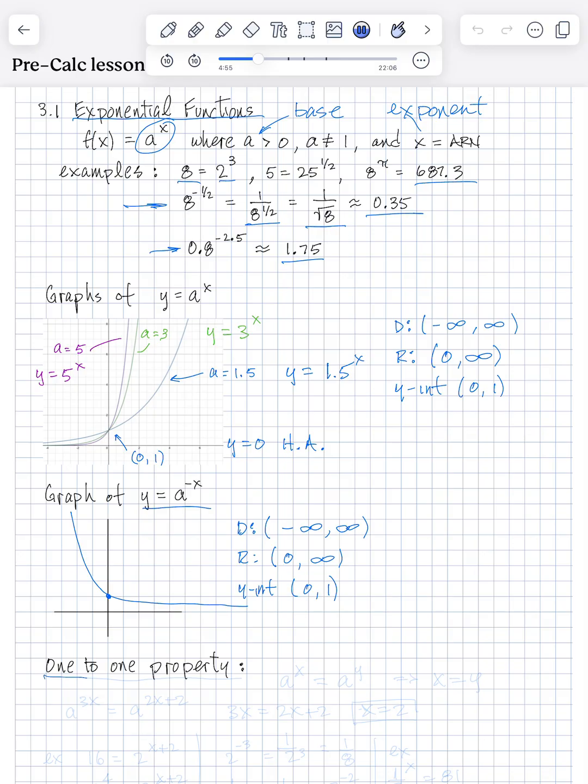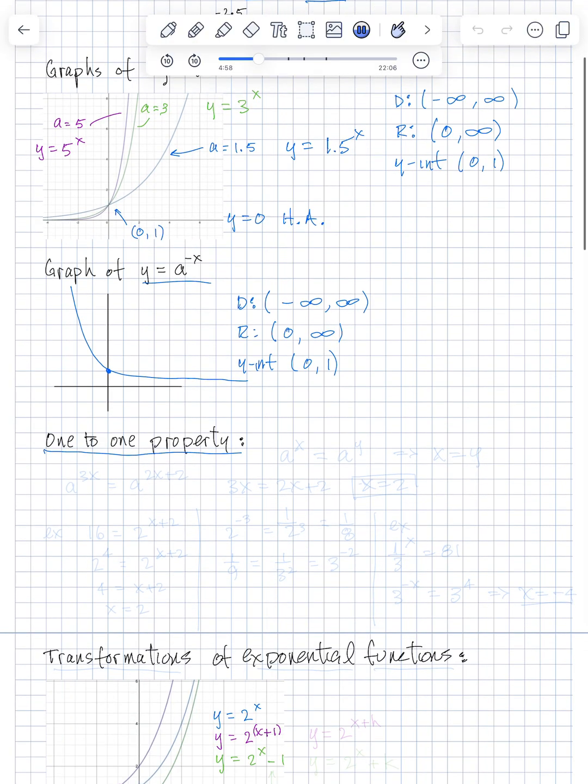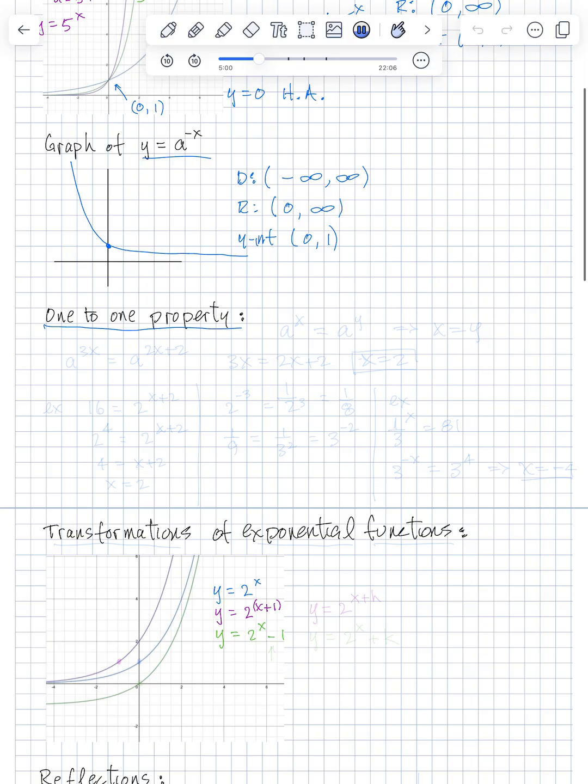Okay, let's look at the one-to-one property. The one-to-one property says if the bases are the same and they have exponents, then the exponents are the same. In other words, if we had a to the x is equal to a to the y, since the bases are the same, that means x equals y.